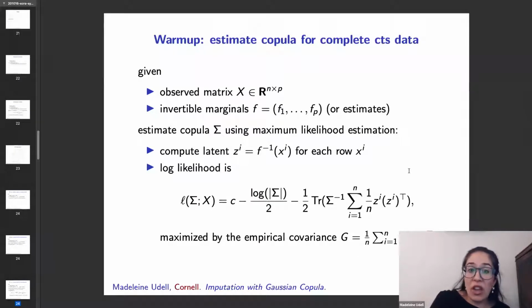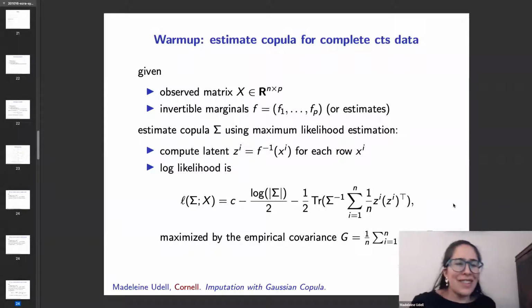And this is just a Gaussian log likelihood, so it takes this form. If you stare at this for a while, you see right over here is the empirical correlation, the covariance matrix of the z's, of these Gaussian vectors. In fact, this likelihood is maximized by that empirical covariance matrix.